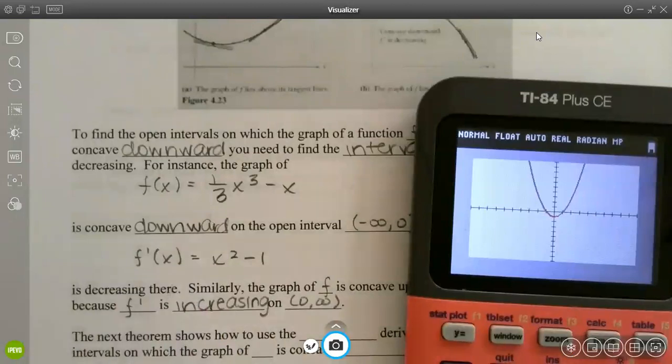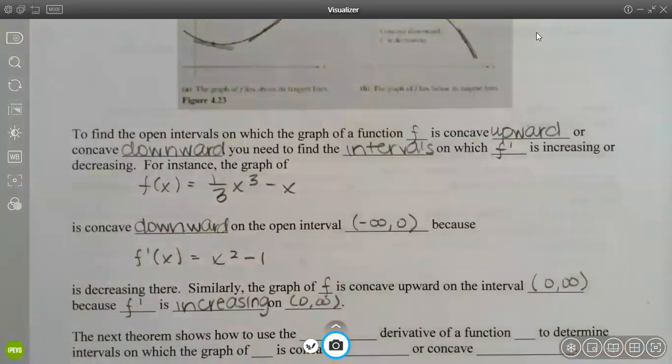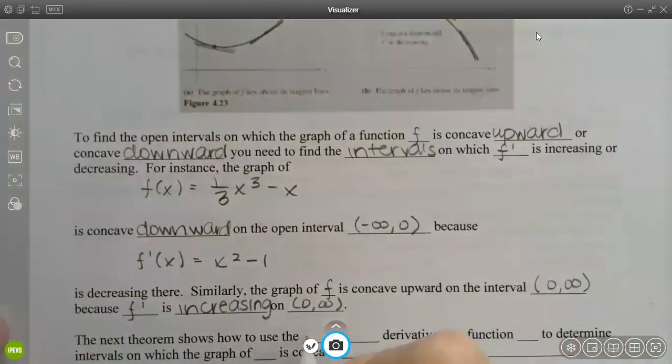Okay. The next theorem shows how to use the second derivative of a function f to determine intervals on which the graph of f is concave upward or concave downward.